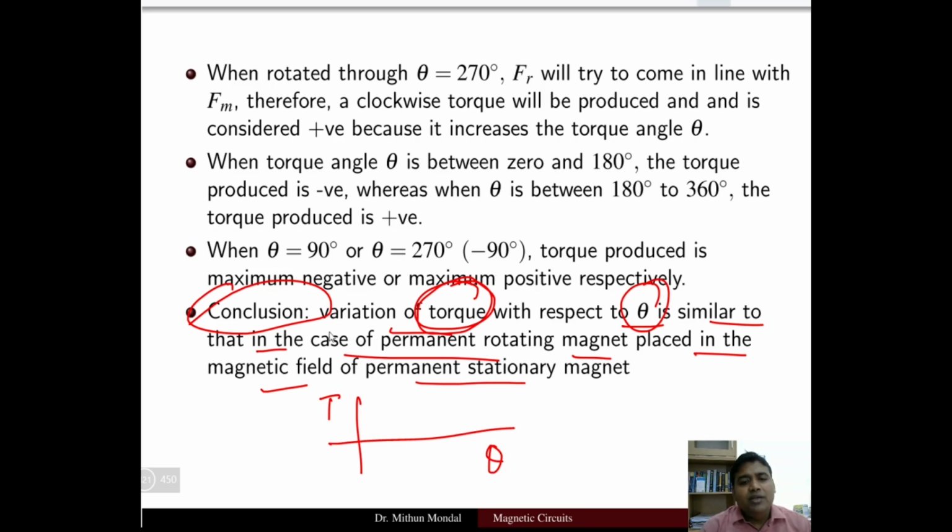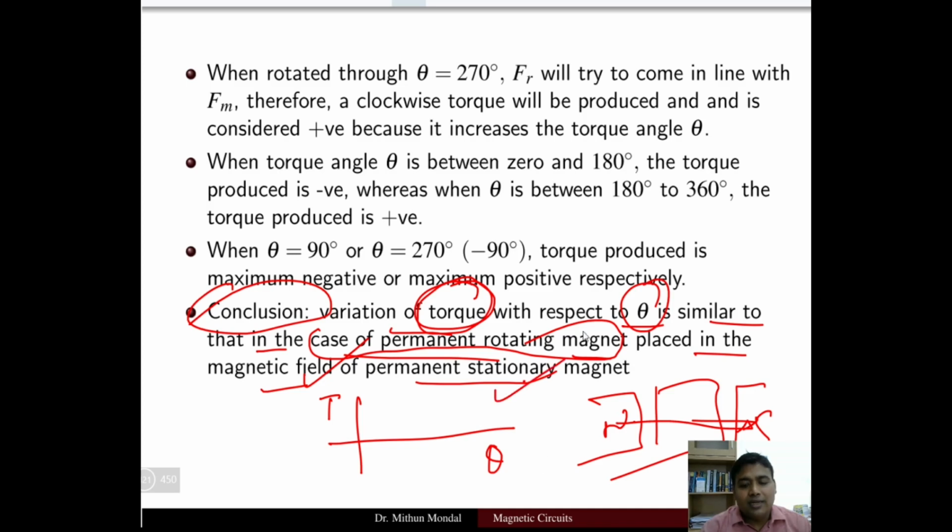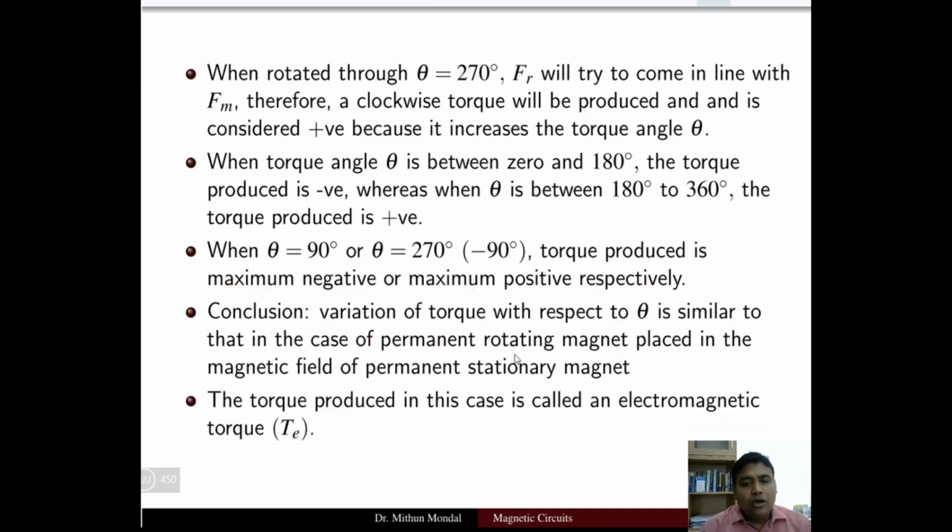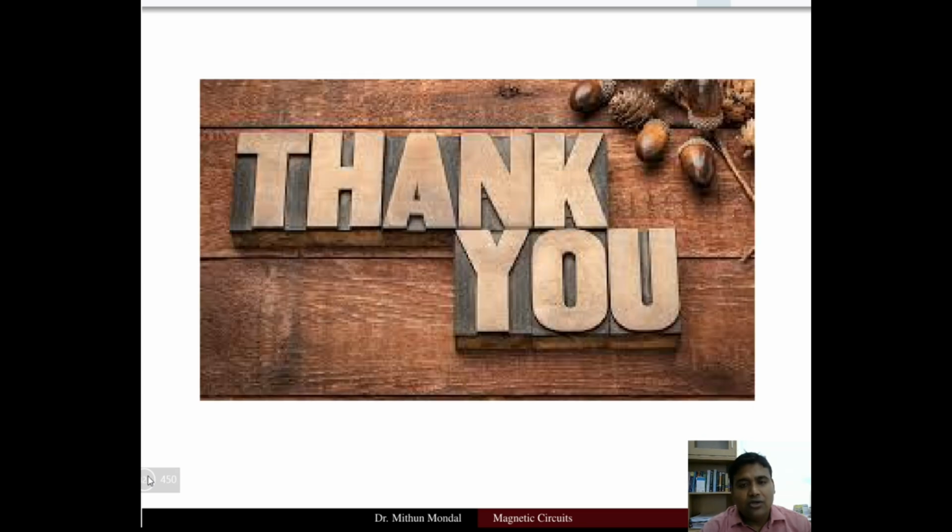So here you have the north south pole as the permanent magnet, with the main field flowing in this direction, and you have the electromagnet, and the electromagnet and this magnet are the same. So the torque produced is known as electromagnetic torque, since the magnet is an electromagnet.